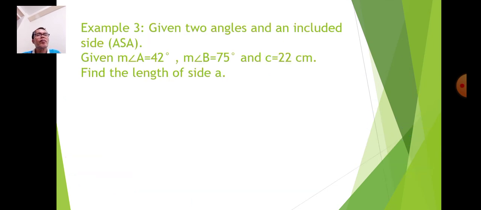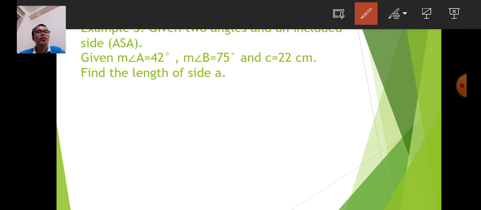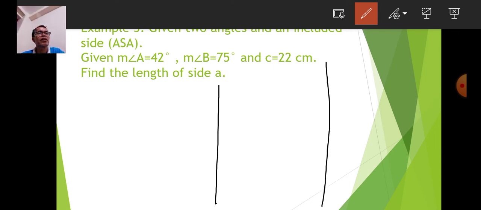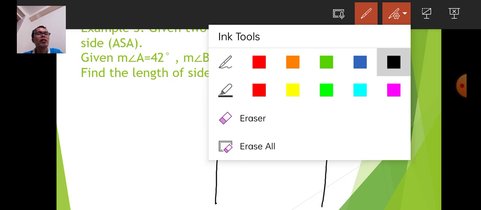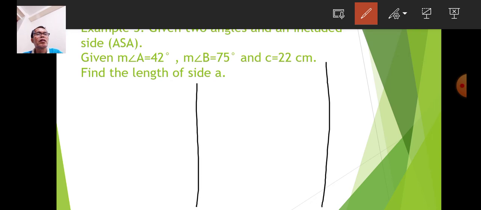Okay, next, another example. Another example is given two angles and the included side. So we are going to draw the triangle. So we are given that angle A is equal to 42 degrees, angle B is 75 degrees, and side C is 22 degrees.